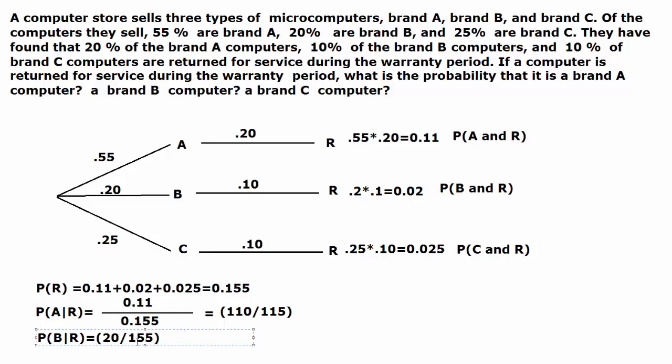And likewise the third one is the probability of C given R, and that is simply 0.025 divided by 0.155.